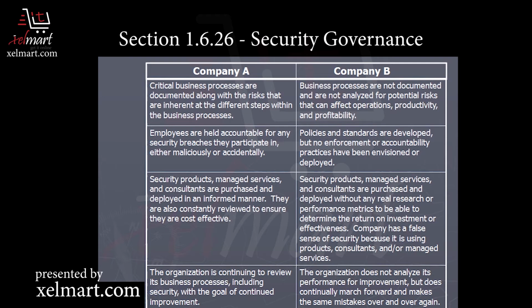So security governance is really becoming a big thing in the industry because regulations are requiring it. And a lot of people don't understand what actually it is. It means doing the right thing, doing all the things that we're talking about, especially in this domain, and being responsible, carrying out due diligence and due care.